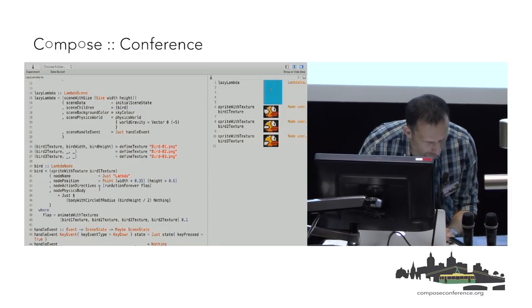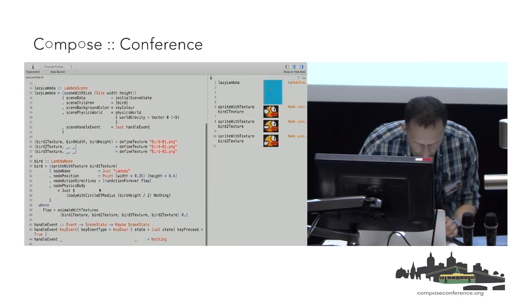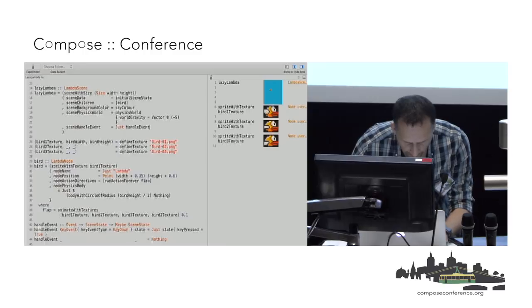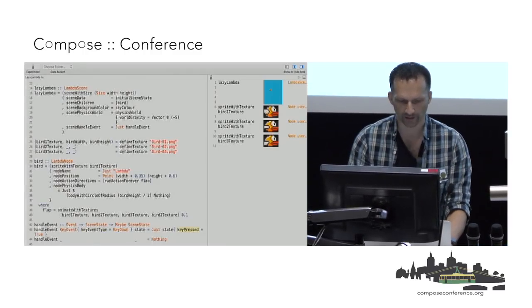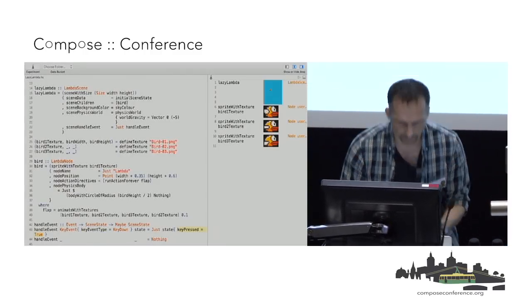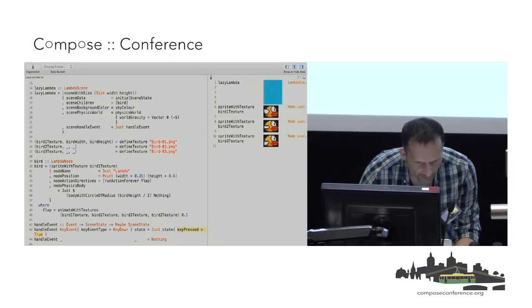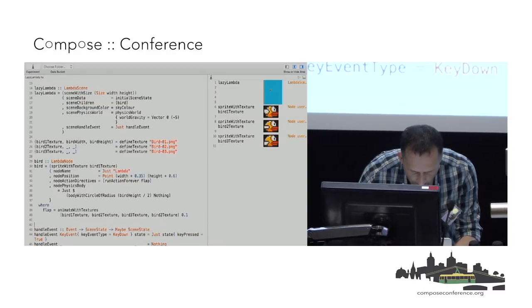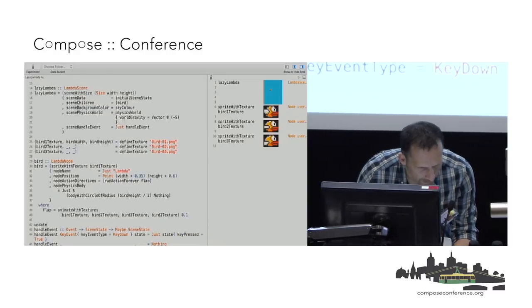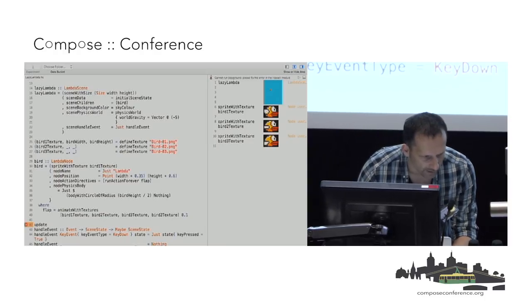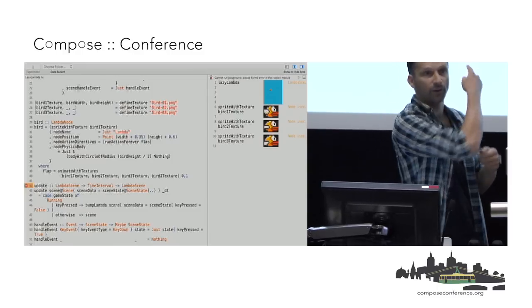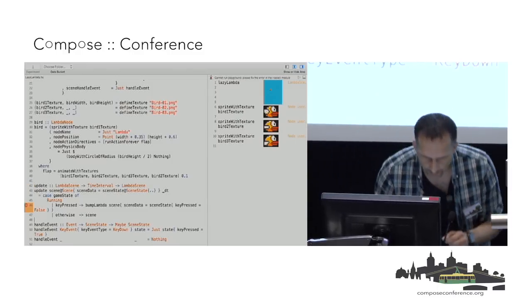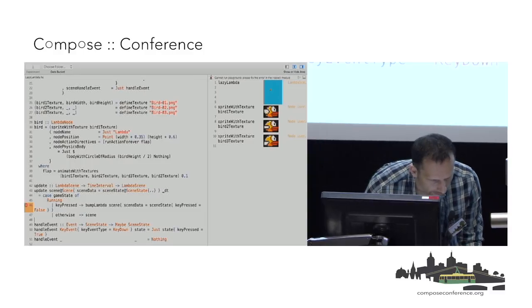So let me show you down here. Whenever we press a key, we change the game state. A Boolean called key pressed is being set to true. To make use of that Boolean, we introduce this update function of the form. That's the update function from the previous slide when I explained the SceneKit setup.